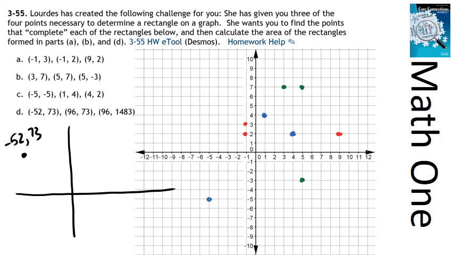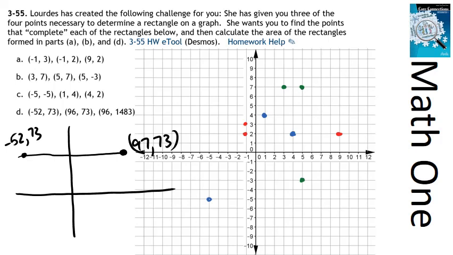Then the next point I have is at 97 and then 73. So right here, 97, and then up 73. Okay, so I think I see one of the sides of my rectangle, perhaps. The next one I've got is at 96 and then 1,483.